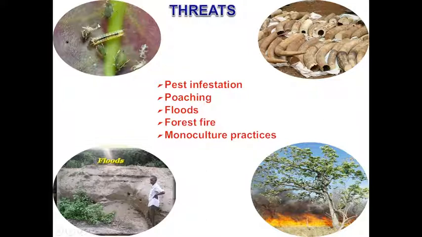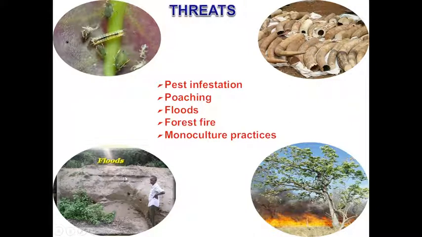When you see pest infestation, there are different types of pests that infest the trees, the agricultural crops, the forest covers, and so on, that destroy very economically important trees and agricultural crops. Poaching is another thing that brings threat to biodiversity.